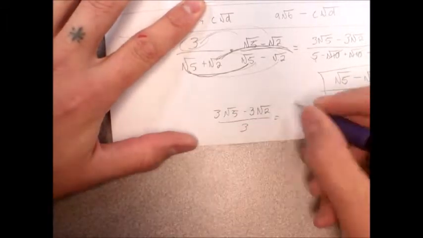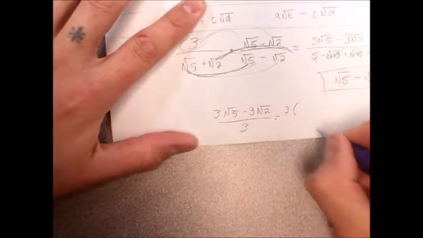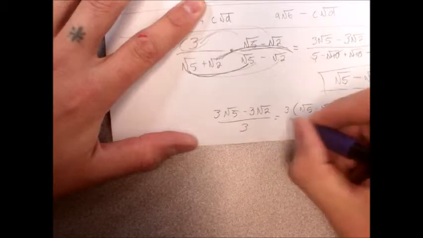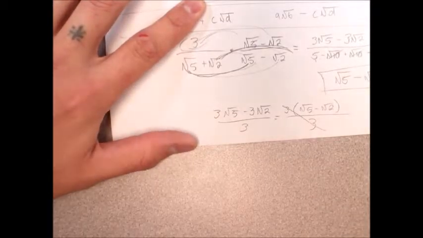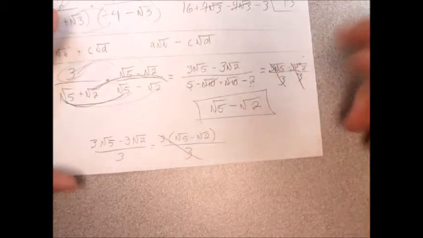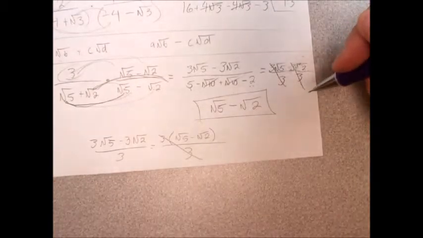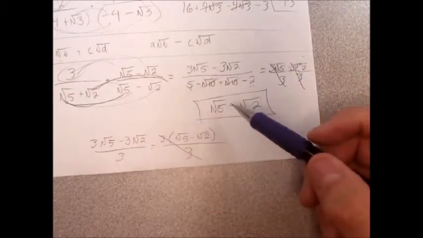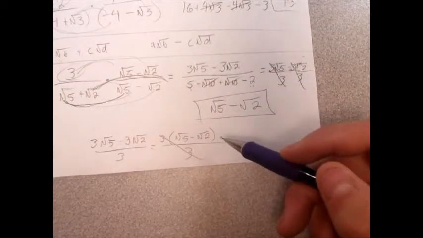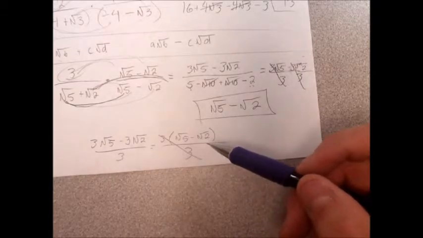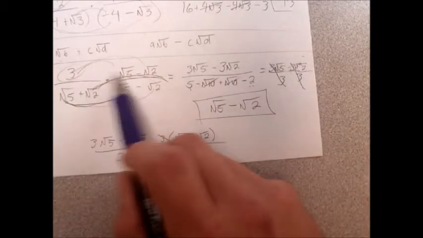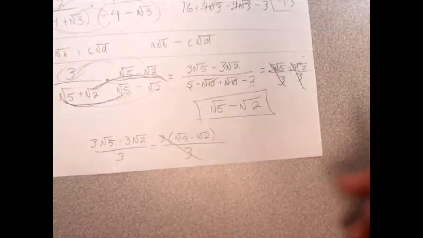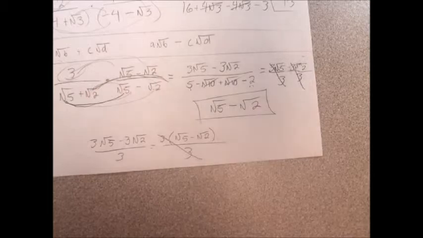What you're really doing is you're factoring out the 3, just like that, and you're left with square root of 5 minus square root of 2 over 3, and then those 3's cancel. So the way I did it here is it was just easier for me to explain in that small area, but they're equivalent. You can do them either way. If we wouldn't have distributed this at the beginning, then we could have just canceled at the end. But I didn't know at the beginning, so. Squared away there?